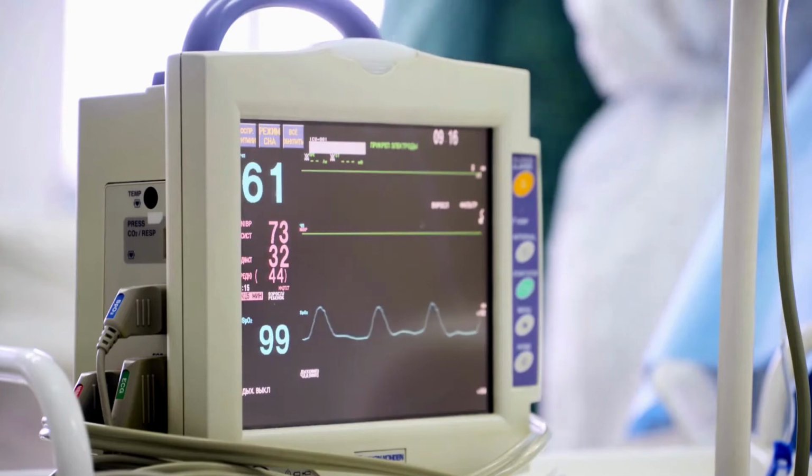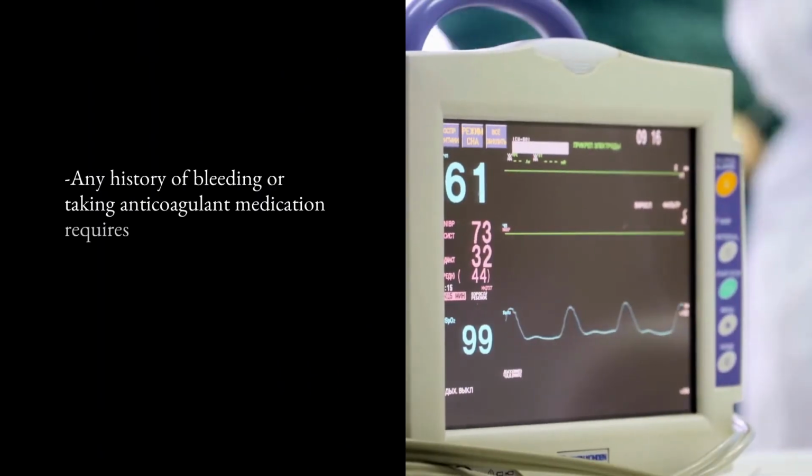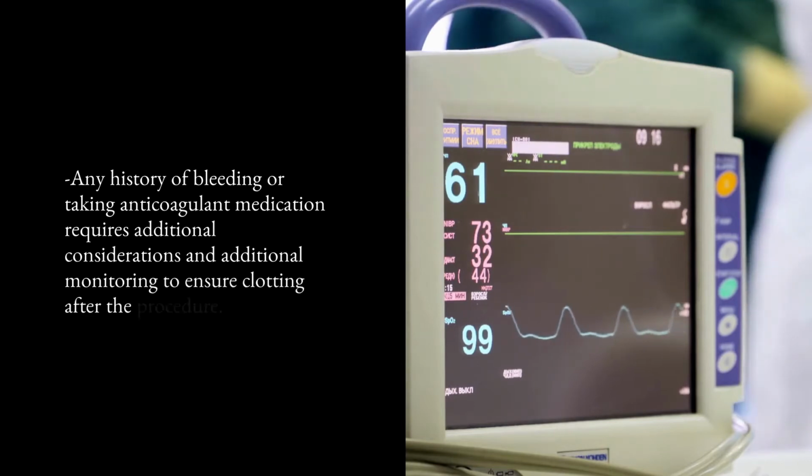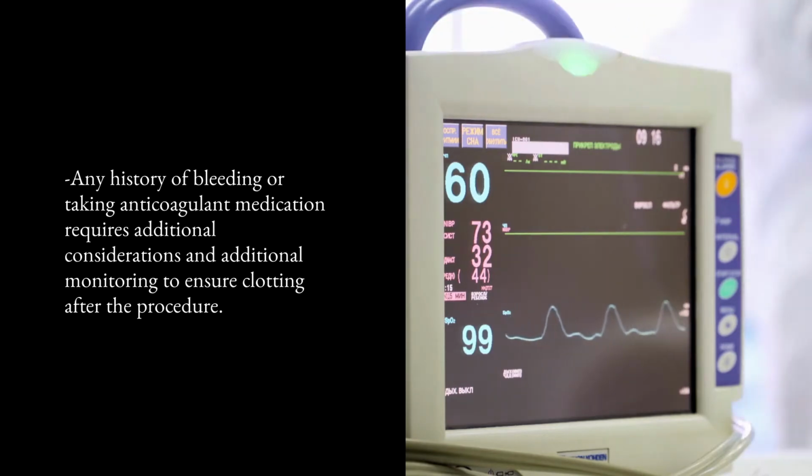Assess for a history of allergies. Any history of bleeding or taking anticoagulant medication requires additional considerations and additional monitoring to ensure clotting after the procedure. Assess BUN and blood creatinine to determine the kidney's ability to excrete the dye.